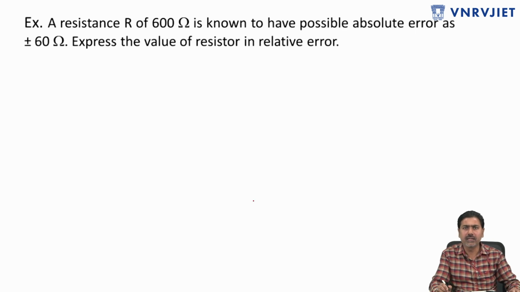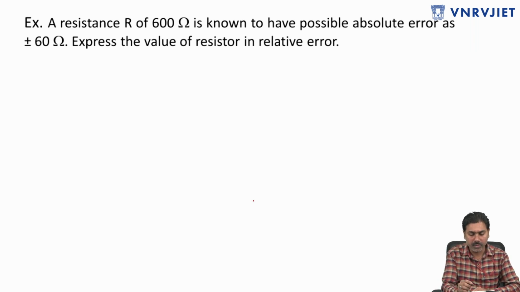To understand better about the limiting error, we'll see through examples. Take this first example. Here the resistance value R of 600 ohm is known to have a possible absolute error of plus or minus 60 ohm, and we need to express this in relative error form. We'll see how this can be expressed as relative error.